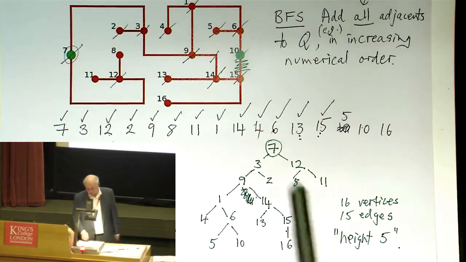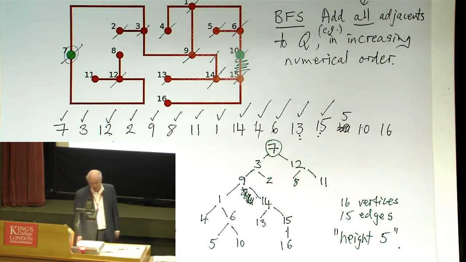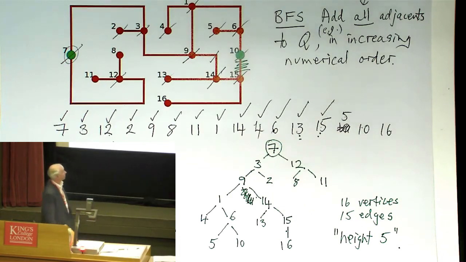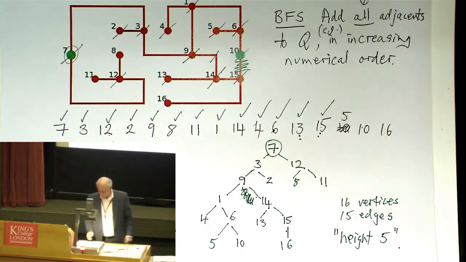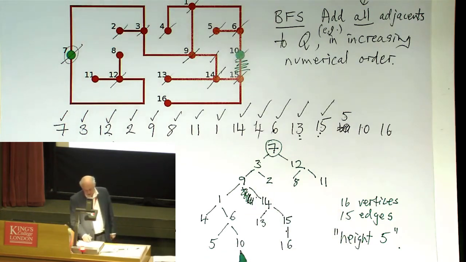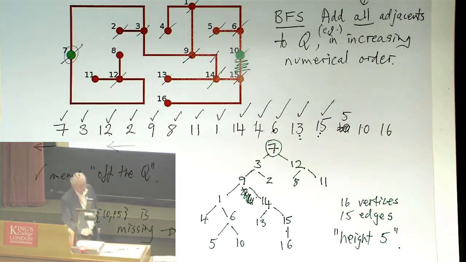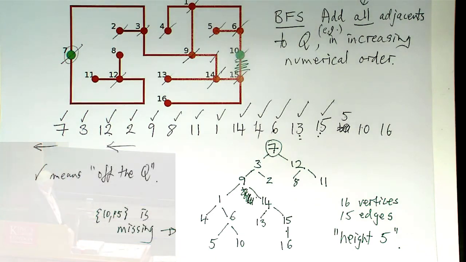To get from 7 to any other vertex requires no more than 5 edges. And that's because it's broadened out. In fact, we've got 3 vertices at distance 5 from the start, whereas before I think there was only 1 at distance 8 from the start.